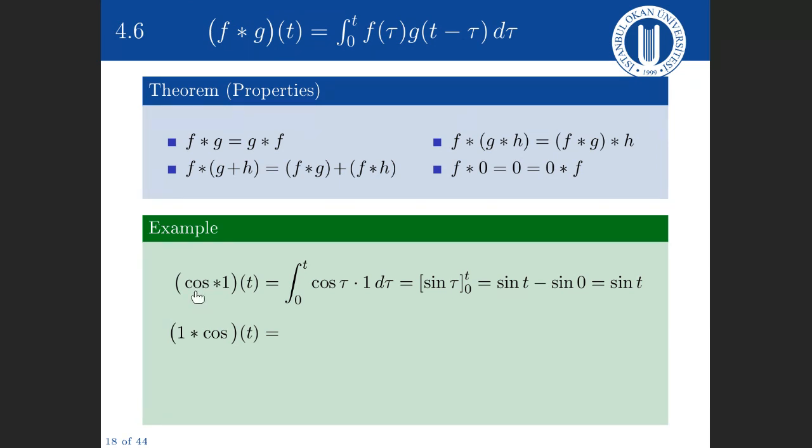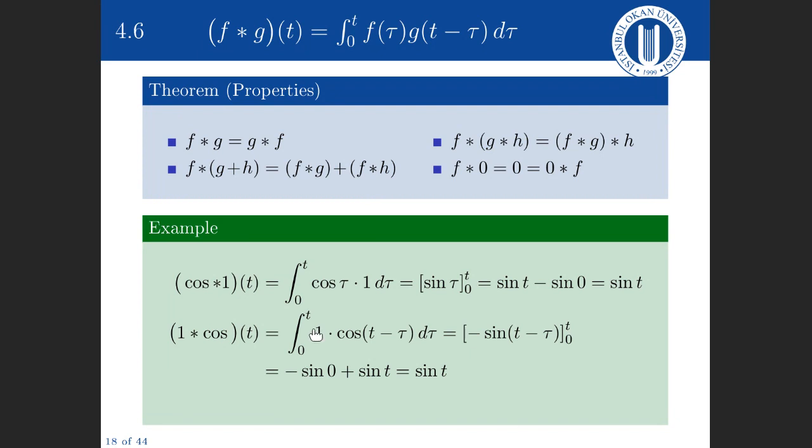First of all, I want to calculate cos convoluted with 1. In other words, that's the integral from 0 to t of cos tau multiplied by 1 d tau. And it's easy to see that this is the same as sine t. Then I want to do 1 convoluted with cos. The theorem says f convoluted with g is the same as g convoluted with f, so we should get sine t again.